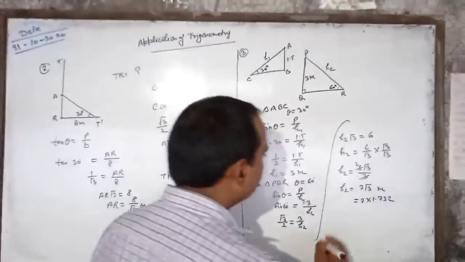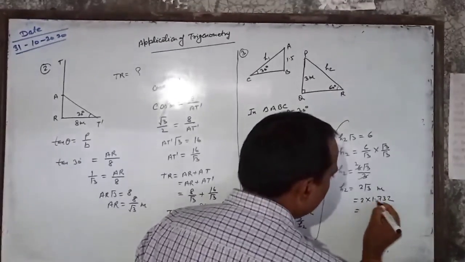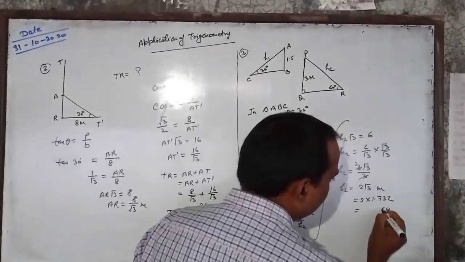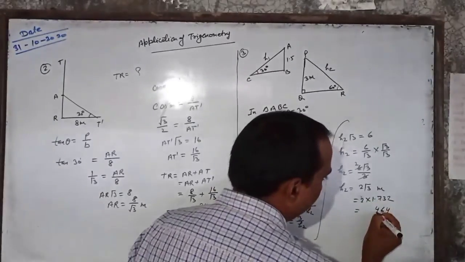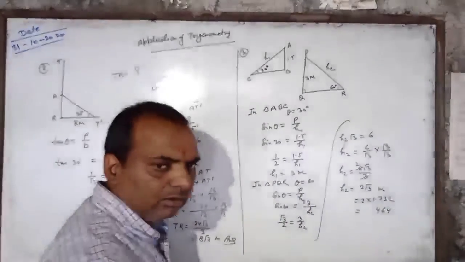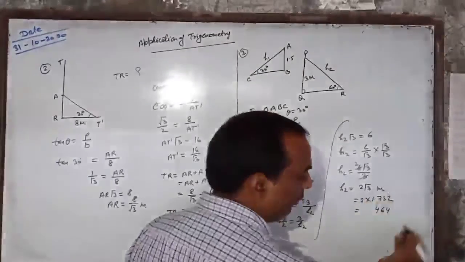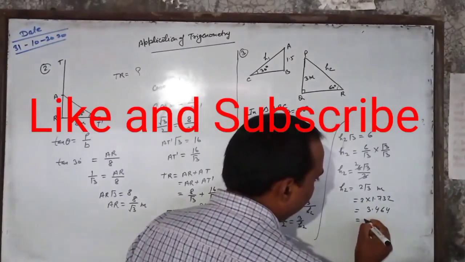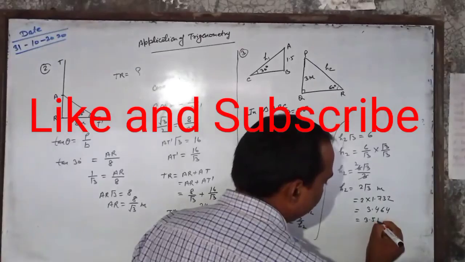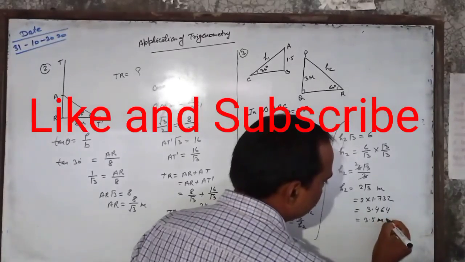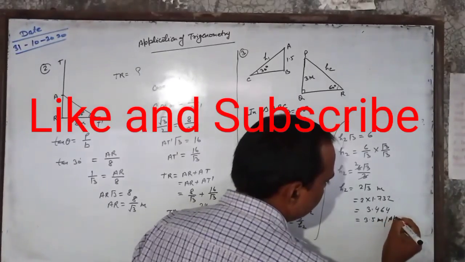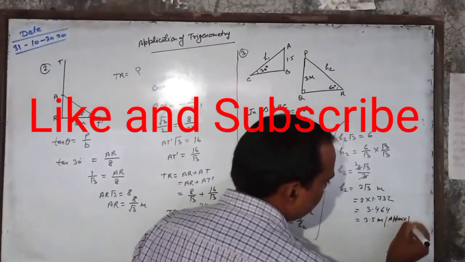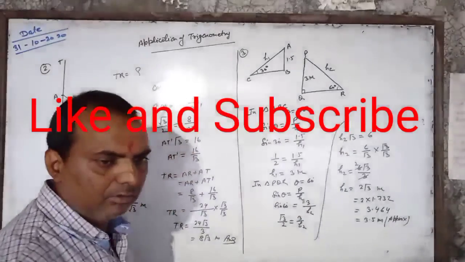So 2 into 2 is 4, 2 threes are 6, 2 sevens are 14, 4 and carry 1, 2 ones are 2, 1, 3. It means approximately 3.5 meter.